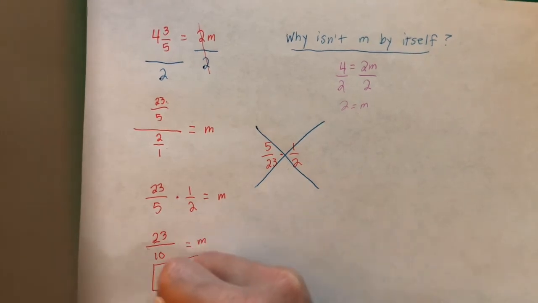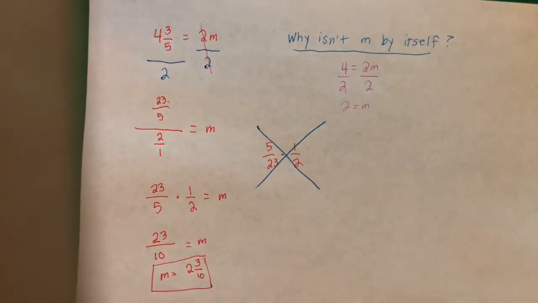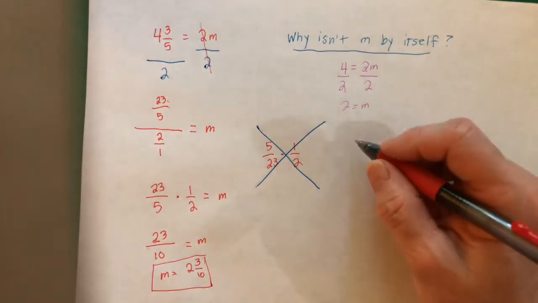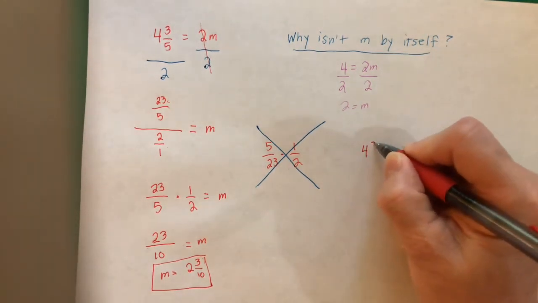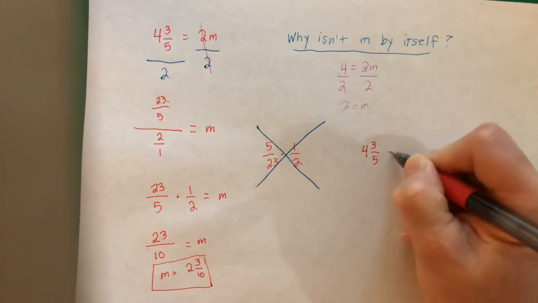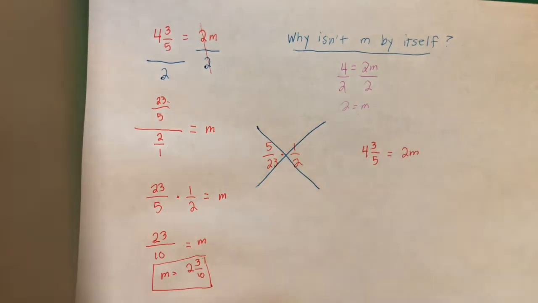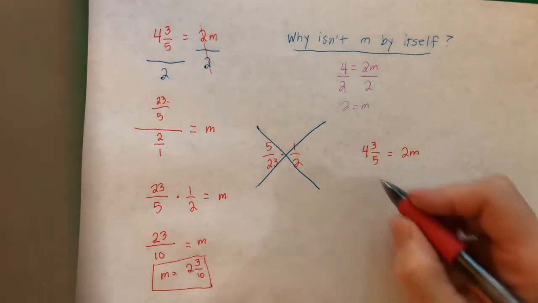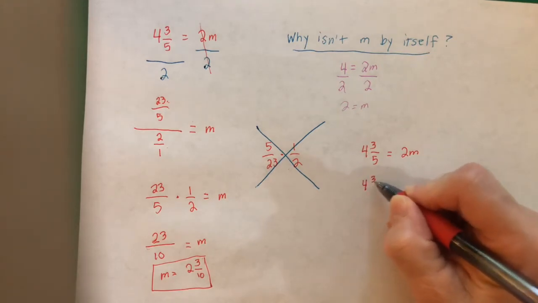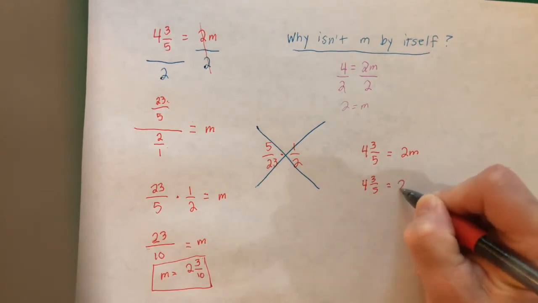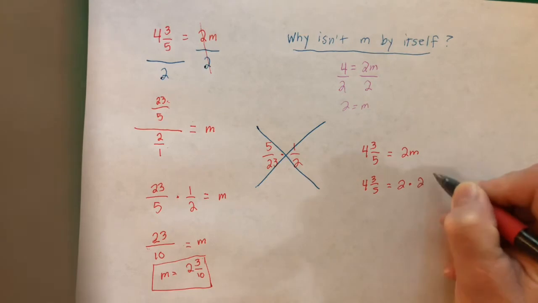There's my answer. Now, a problem wouldn't be complete without checking it, would it? So let's check it. 4 3/5 equals 2m. I wrote the original equation. Now I'm going to substitute in with my answer. 4 3/5 equals 2 times 2 3/10.